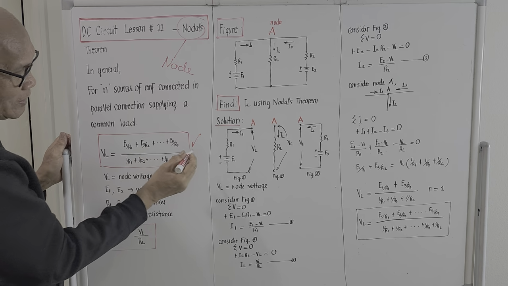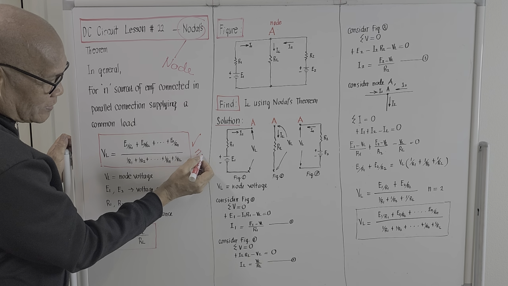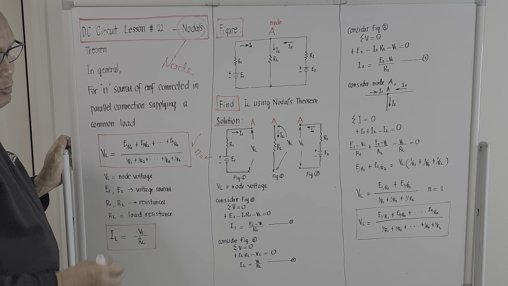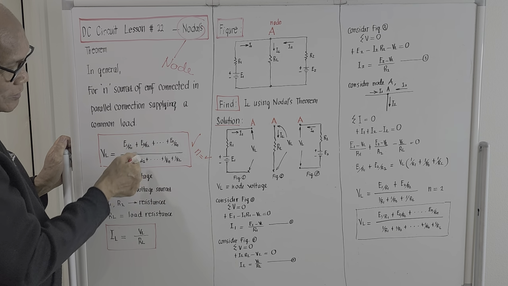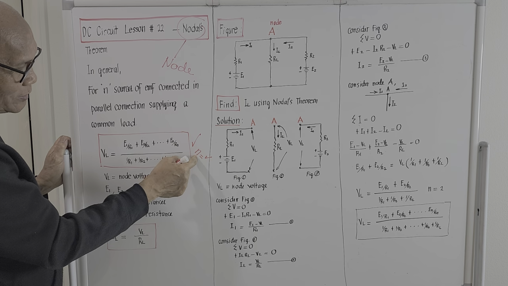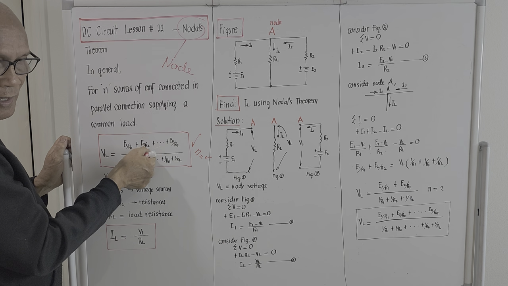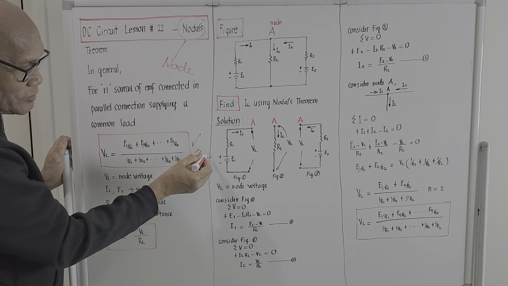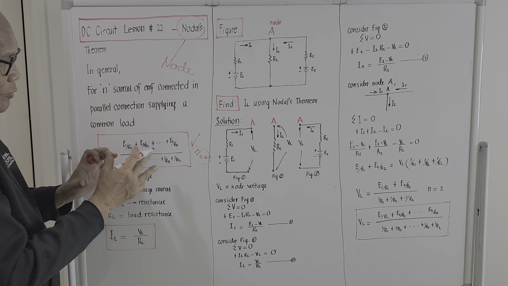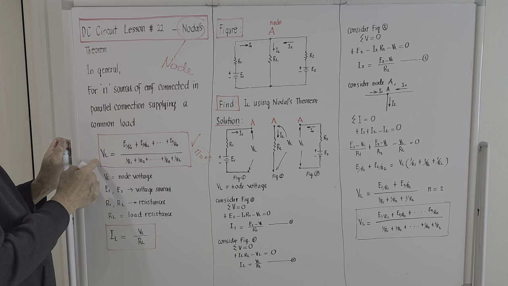That is for N, if the value of N is given. So for N equal to 2, this will be only up to R sub 2. For N equal to 3, this will be only up to R sub 3. So this is a variable thing. So this is actually a general equation on how to compute for V sub L.